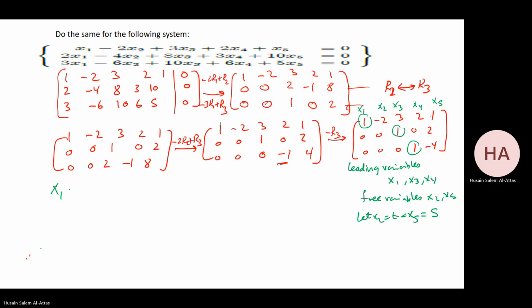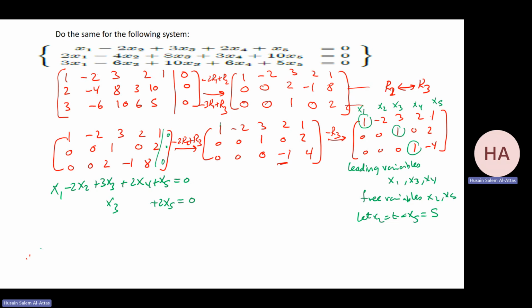x1 minus 2x2 plus 3x3 plus 2x4 plus x5 is equal to 0. This is the first equation. Second equation is what? x3 plus 2x5 is equal to 0. By the way, I don't need 0, 0, 0 because it will make no difference.